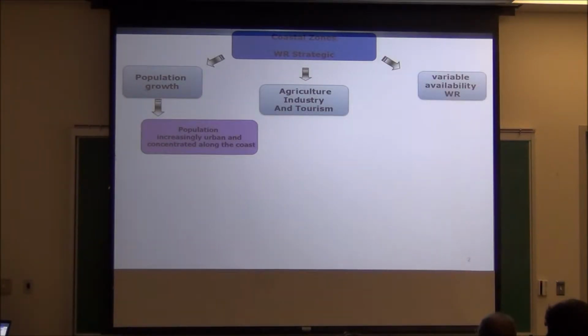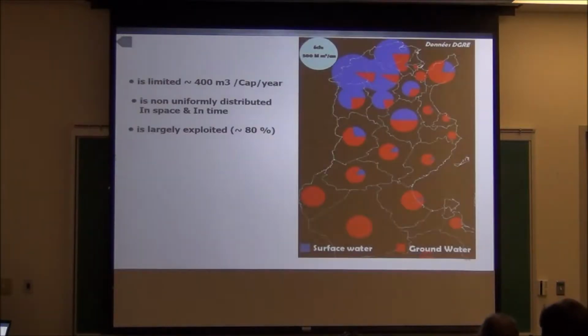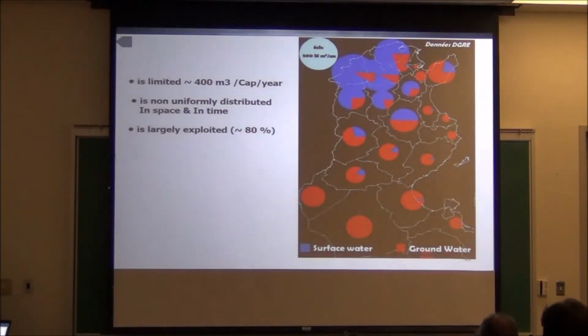This water resource is very variable, and we have variable availability of water resources. We can see in this map of the surface water that in the north part of the country we have most of it, in blue, and the groundwater is located more in the south and the center of the country.